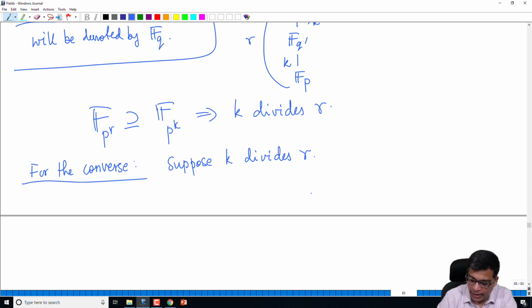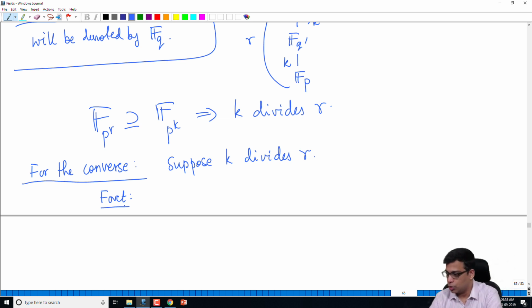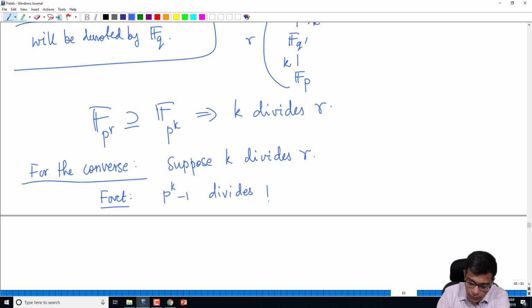The fact here is a simple numerical verification, which I will leave as an exercise for you. If k divides r, you can find in any book that one can show p power k minus 1 divides p power r minus 1. So I will skip this.